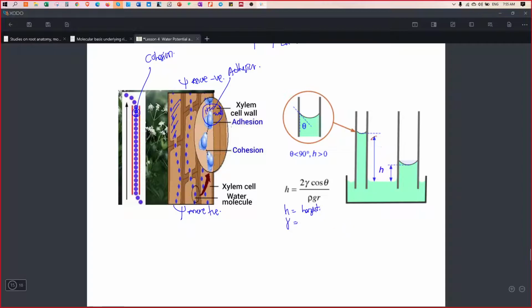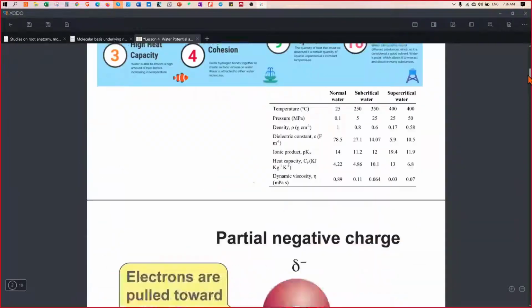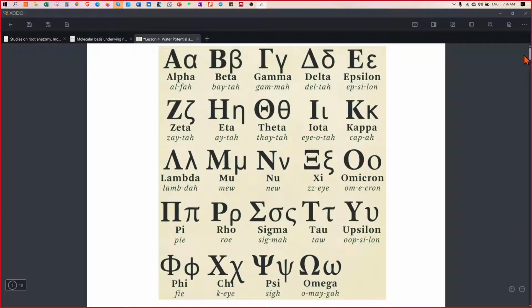Is this lowercase or uppercase? Can you still recall? Gamma, if you recall from the first slide, it has two forms. Both of these are gamma. This is the lowercase gamma and this is the uppercase gamma. Is that correct? Let's check the first slide. Where is gamma?